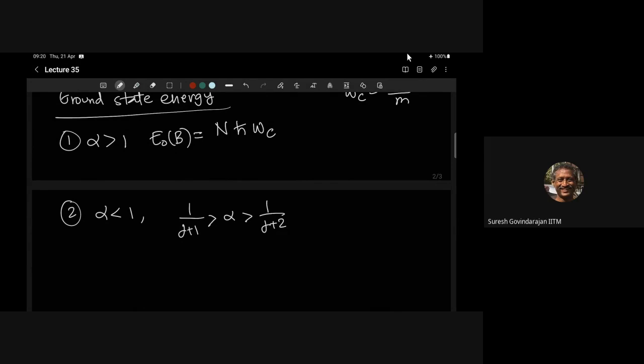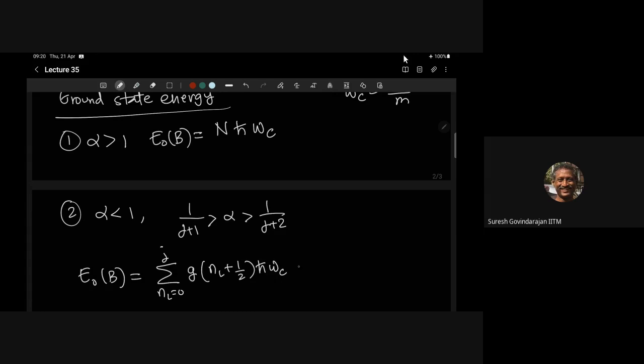So now, what is E naught of B? We have to sum over NL equal to 0 up to j, where they are fully filled, and each can hold G electrons: G into NL plus half, h bar omega c.